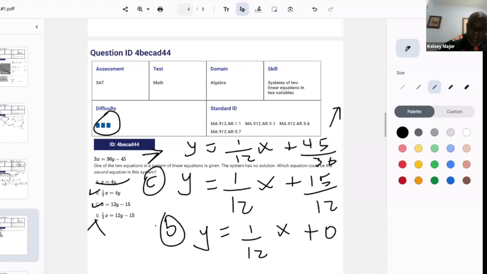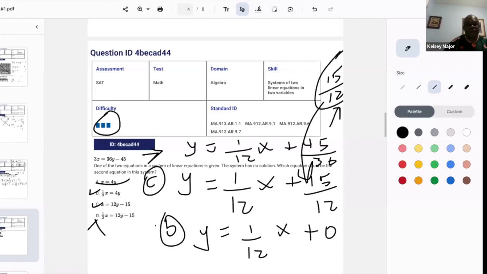If we divide both of these by 3, 45 divided by 3 is 15, and 36 divided by 3 is what? 12. So look at that. This 45 over 36 is actually 15 over 12.